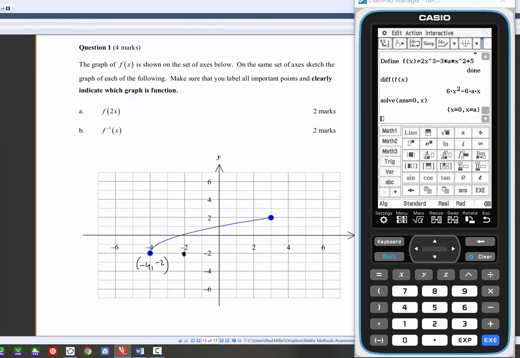It's going to go to this point here. This one here, so label all important points clearly. This one here is going to be half from y. So it's currently at 3, it's going to be 1.5. So that's going to be -2, -2.